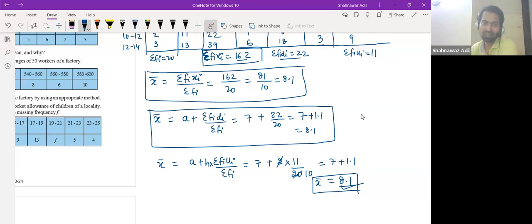Whenever you have completed, calculate the second question. The third question is different. Completed, everyone?